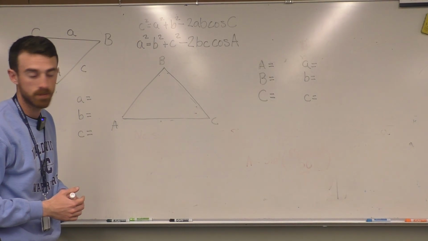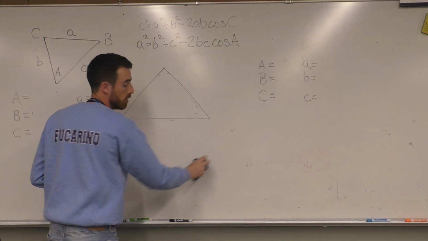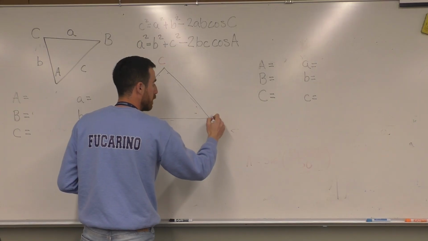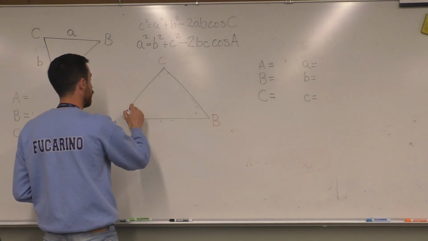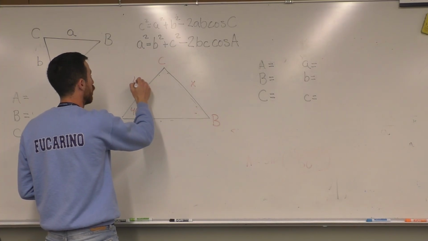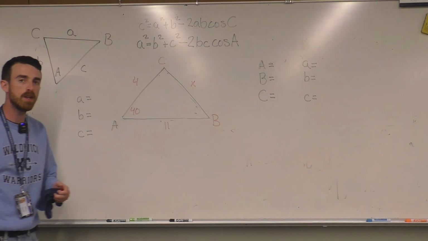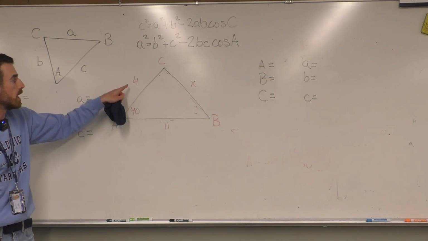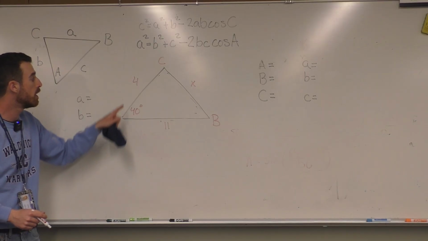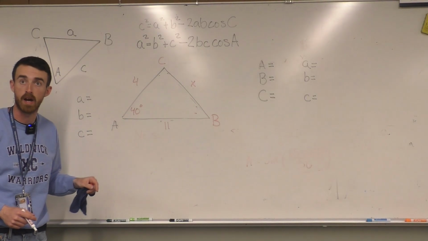In 20, they changed the angle location on me. I was close. In 20, they put C up top and B, and they say we have 40 degrees, we have X, and we have 4 and 11. You don't want to use the law of cosines in a case where the included angle, and especially the only angle that you have, is touching one of the two sides that you do not know.